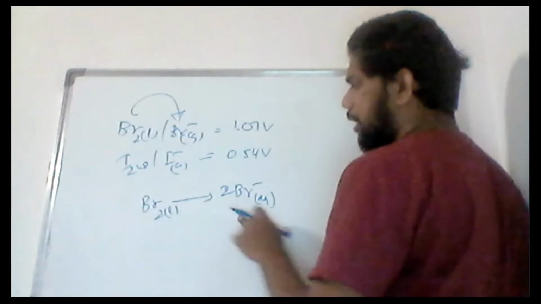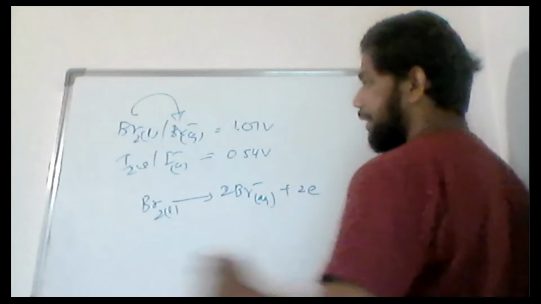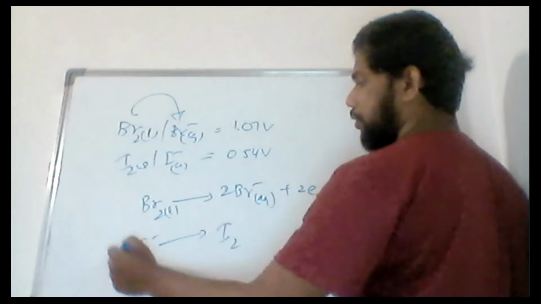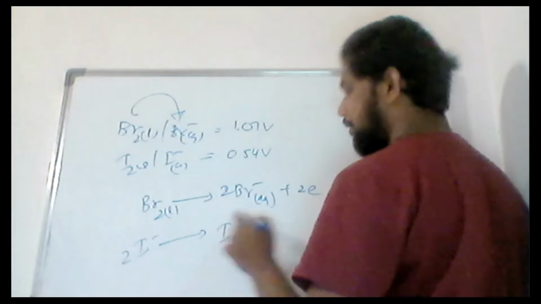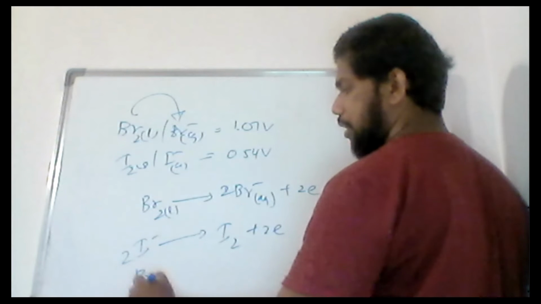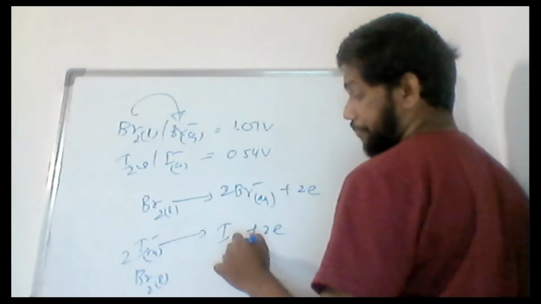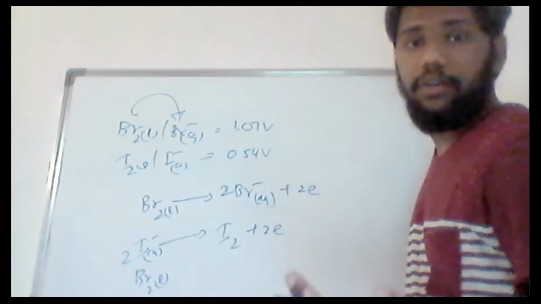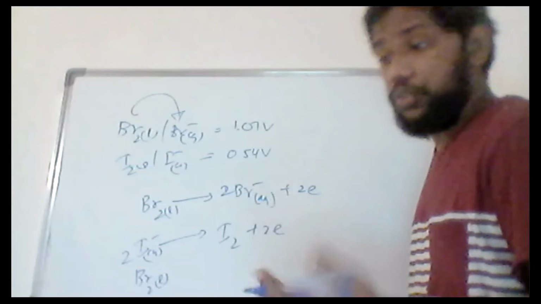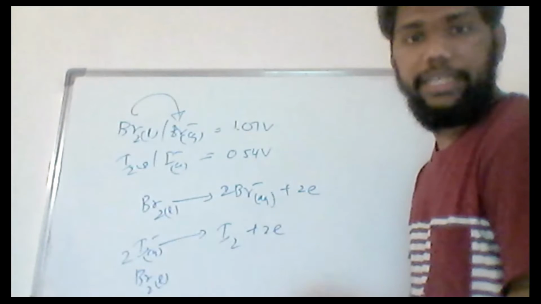So Br2 is reduced to Br minus, with 2 electrons, and at the same time I minus is oxidized to I2. So I am balancing the mass, then electrons. The reaction that normally happens here is Br2 liquid and I minus aqueous to I2. You can either write I2 solid, or think about I2 solid forming and again reacting with excess I minus to form I3 minus aqueous.